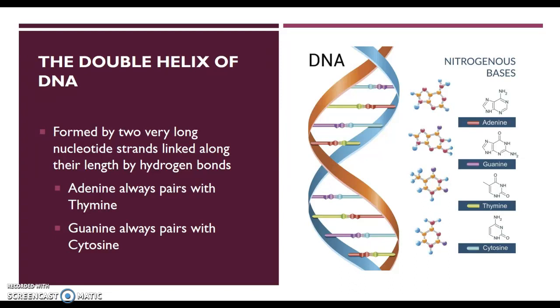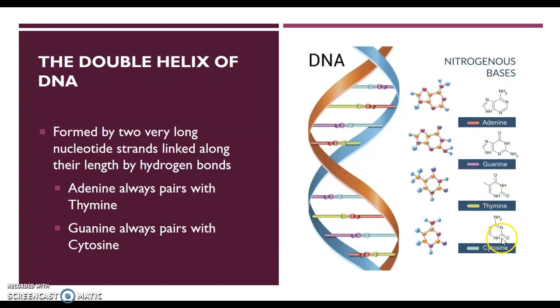And there are 4 nitrogenous bases that form the structure of DNA. And you can see them here: adenine, guanine, thymine, and cytosine. And they have different structures.